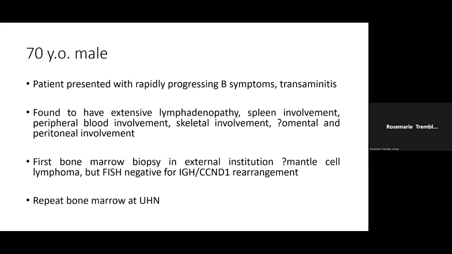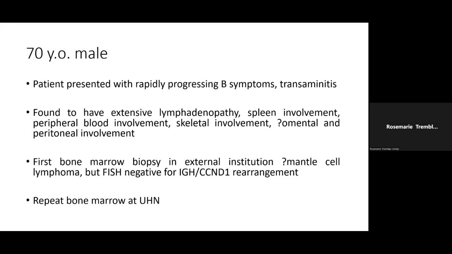So it's a 70-year-old male who presented with rapidly progressing B symptoms and transaminitis, and was found to have extensive lymphadenopathy, spleen involvement, peripheral blood involvement, and mesenteric and peritoneal involvement. There was a first bone marrow biopsy done at an external institution that raised the possibility of mantle cell lymphoma, but FISH had been negative for the IGH CCND1 rearrangement.